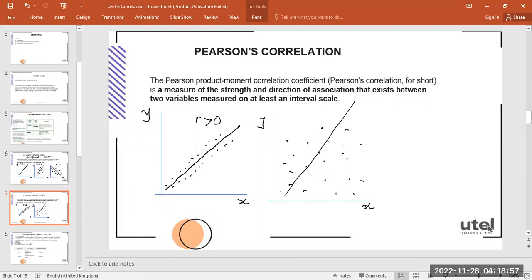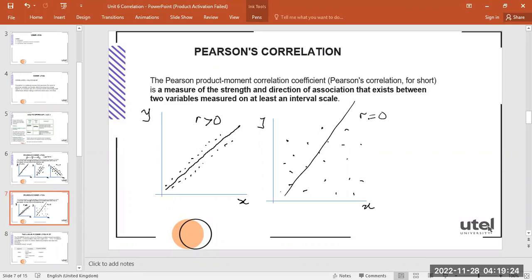In other words, the data on this particular plot are scattered, and the interpretation is that there is no readily discernible trend that could be seen here. In this case, we say that there is zero or approximately zero relationship. In other words, the value of R is equal to 0 in this case.